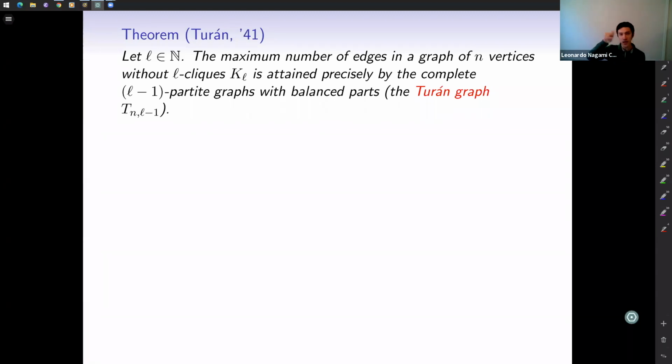That is, you have edges between the parts, but not any edge inside the parts. That's what we later call the Turán graph, and this is the best possible thing you can do.